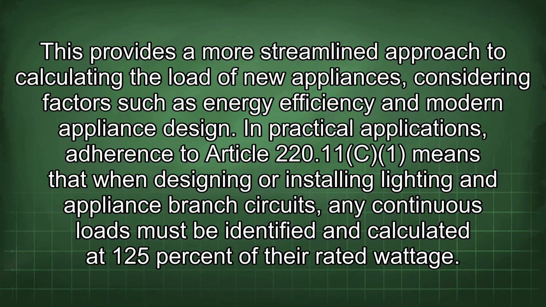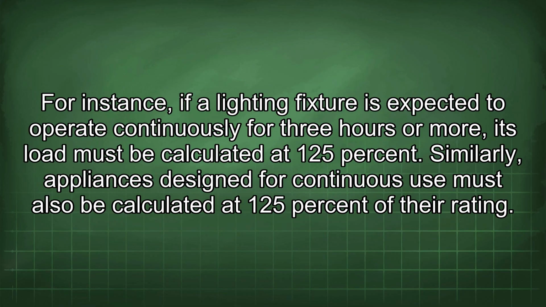modern appliance design. In practical applications, adherence to Article 220.11 code means that when designing or installing lighting and appliance branch circuits, any continuous loads must be identified and calculated at 125% of the rated wattage. For instance, if a lighting fixture is expected to operate continuously for 3 hours or more, its load must be calculated at 125%.